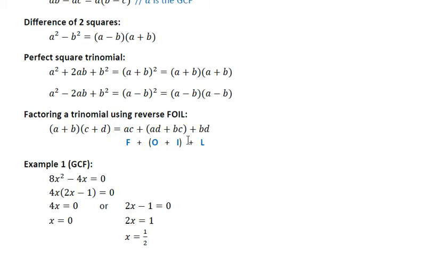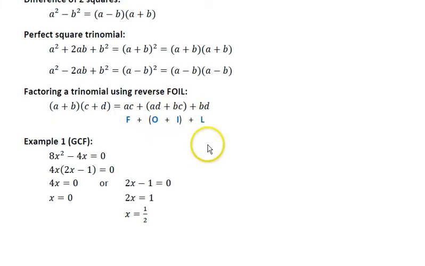So to take a trinomial and factor it using reverse FOIL, we move backwards towards the product of 2 binomials, making use of the fact that the first and the last have to be first and last, and the middle term of the trinomial has to be the sum of the outer products plus the inner products.